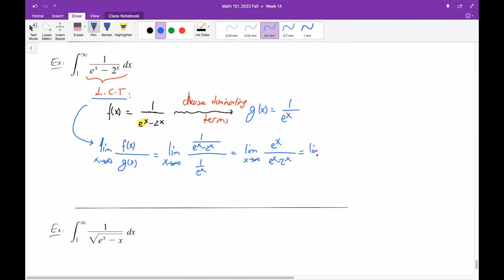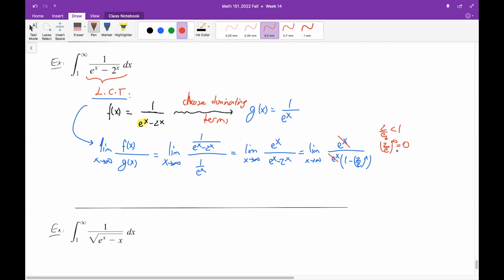And this can be rewritten, if you want exact computation, let's do it, as 1 over 1 minus 2 over e to the power x, like this, and these cancel. 2 over e is something less than 1. So if you have a real number less than 1, and you send its power to infinity, what do you obtain? Okay, so 2 over e is something less than 1, and 2 over e to the infinite power goes to 0 then, right?